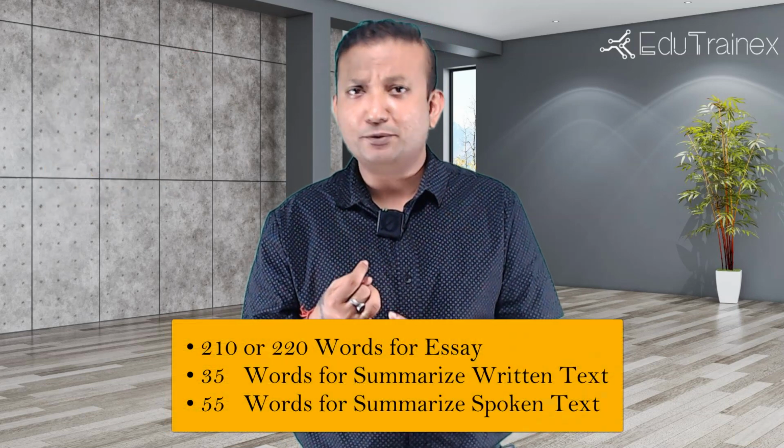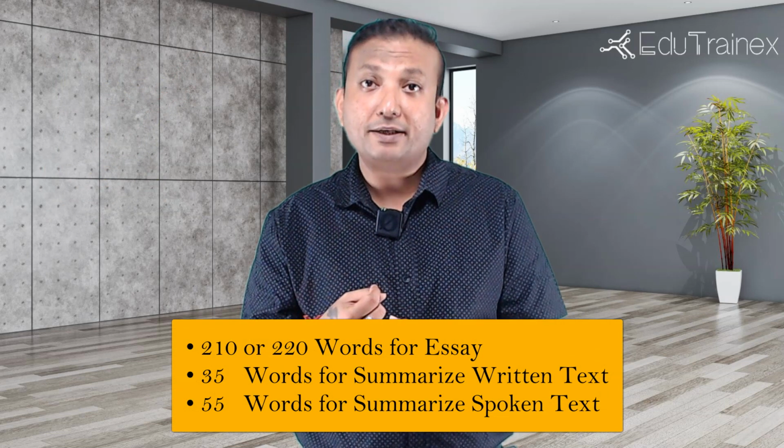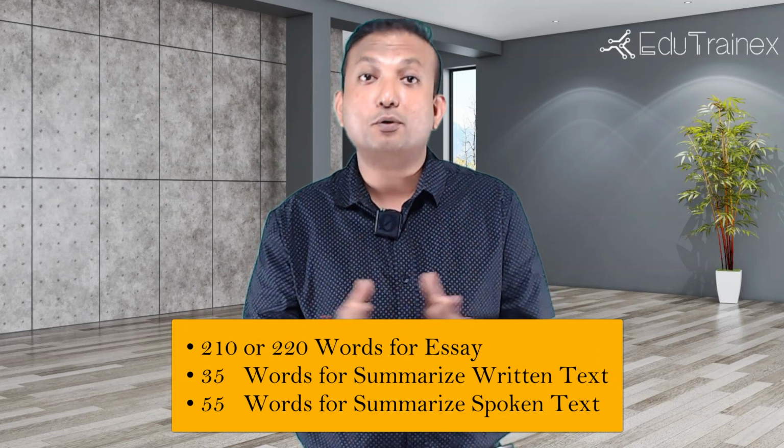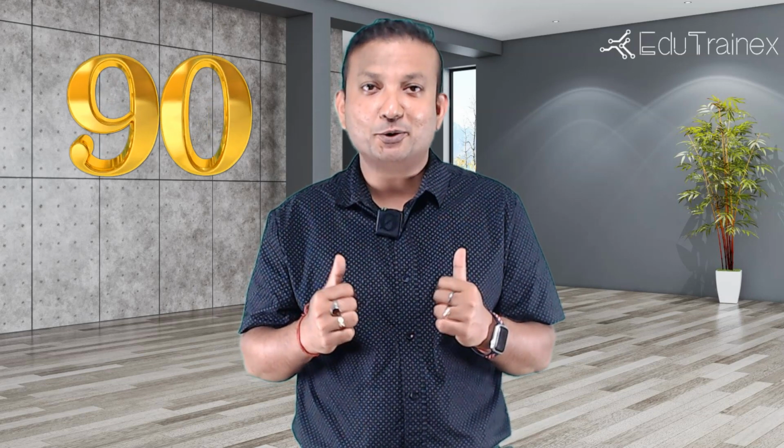In my PTE exam attempts, I mostly just write close to 210 or 220 words for the essay, 35 words for summarized written text, and around 55 words for summarized spoken text questions. But never ever have I gone close to the maximum word count. And I still get a 90 score in the PTE writing section every single time.